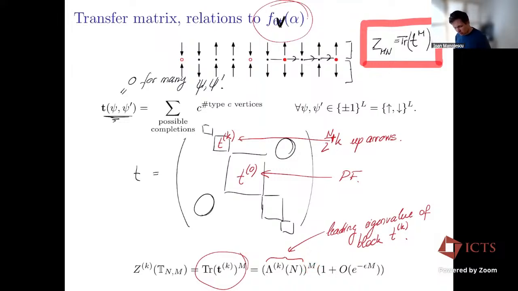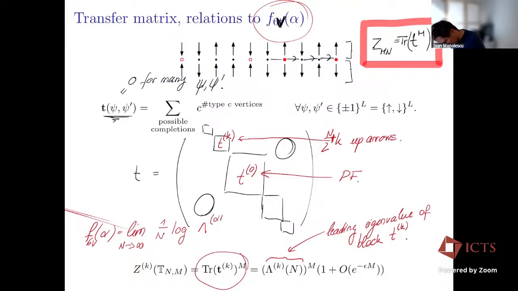What's going to count is the limit as n tends to infinity of 1 over n log lambda alpha n.